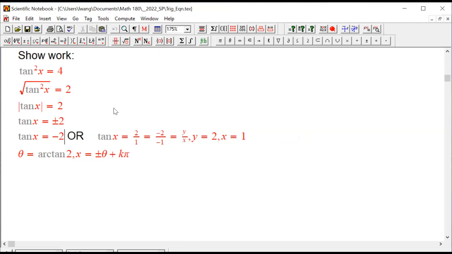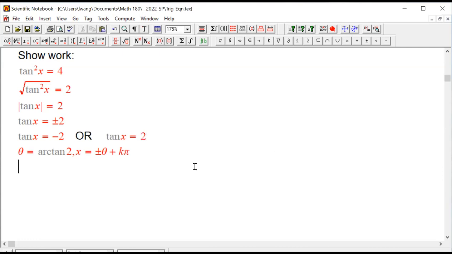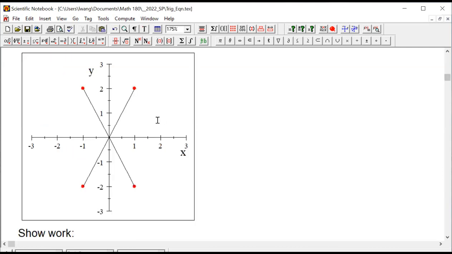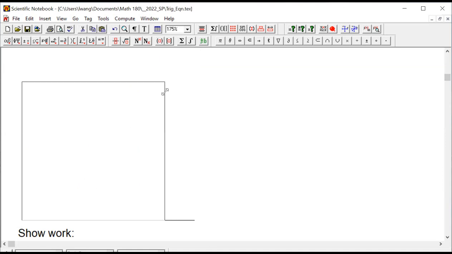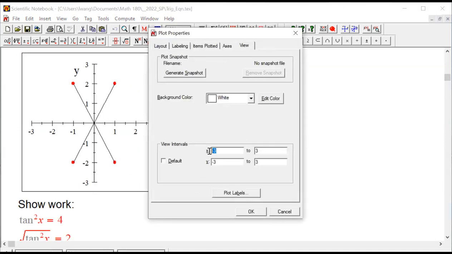You have -2 here, and this one is just 2. And you have that picture. Let me make a little adjustment to this picture.